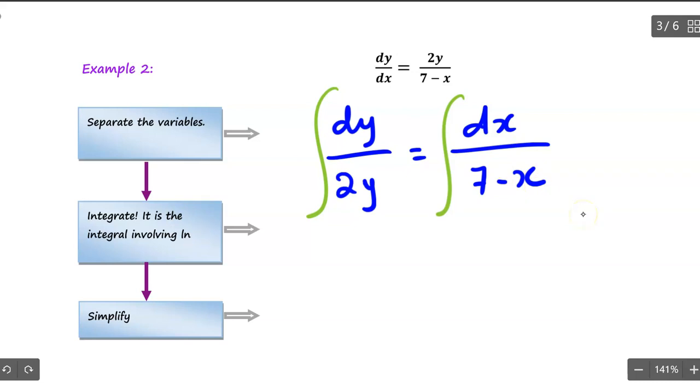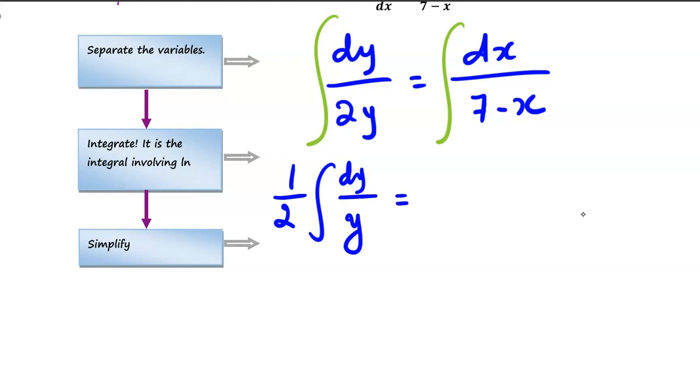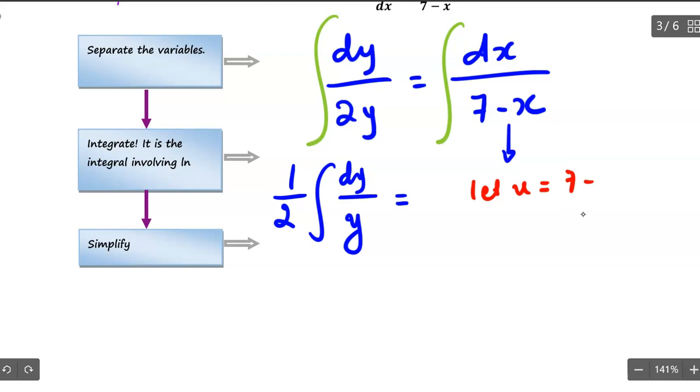In this case, I will do it step by step. So I will bring a half across the integral sign first. And for this part, I'm going to let u equal to 7 minus x. Don't forget, you are dealing with a function as a denominator.